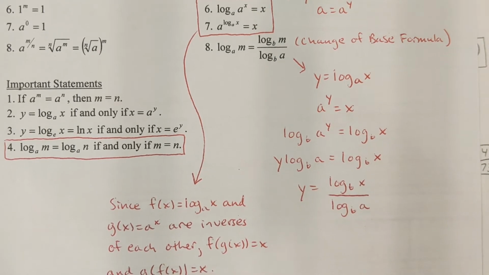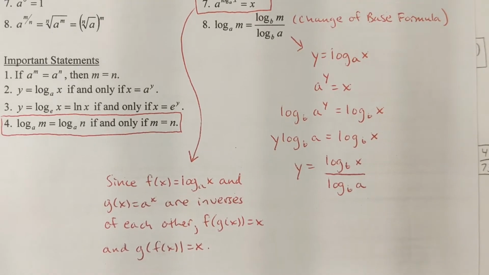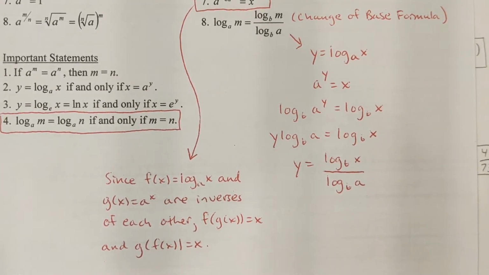Now remember that when we were talking about inverses, the way to check if two functions are inverses of each other is through function composition. Okay, plug each function into the other and check that you get plain old x. So if I let f of x be equal to log base a of x and g of x be equal to a to the x, f composed g of x is x.